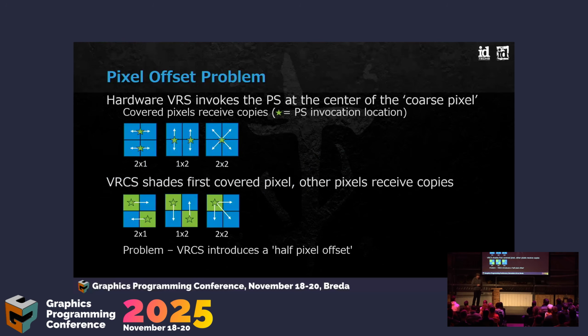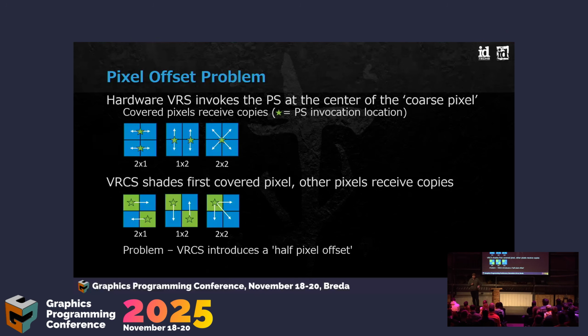So the first issue we had was that there was a pixel offset problem happening, and this was happening particularly with 2x2 rate. And the issue is that what we'd implemented is not quite how hardware VRS works. With hardware VRS, the pixel shader is invoked in the center of the coarse pixel, and then it is copied to the covered pixels.